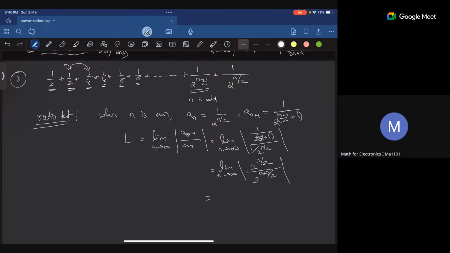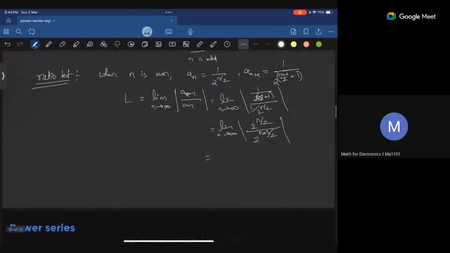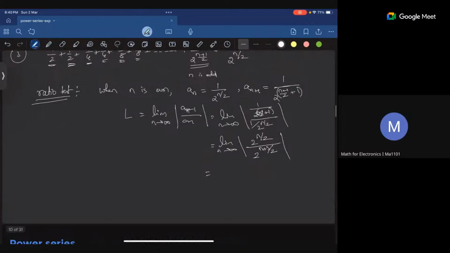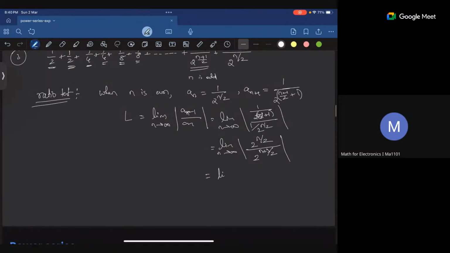As n tends to infinity, 2 power n/2 will get cancelled out, and you will have 2 power 1, which is 2. This is when n is even.